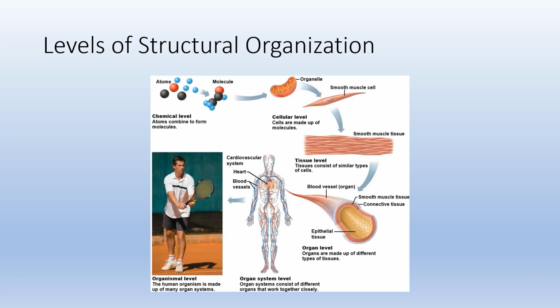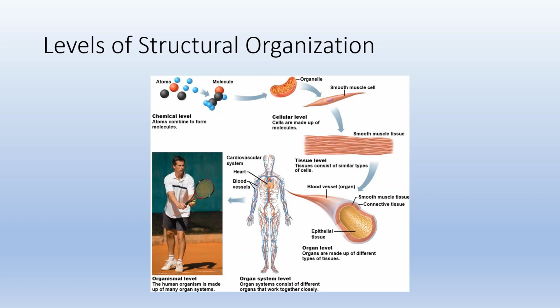When we put 2 or more tissue types together, we create an organ. So by definition, an organ will include 2 or more tissue types. The organ that they have shown you is actually a blood vessel. Blood vessels are considered organs because they include epithelial tissue, muscle tissue, as well as connective tissue.